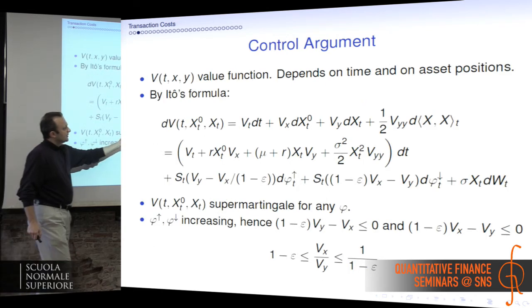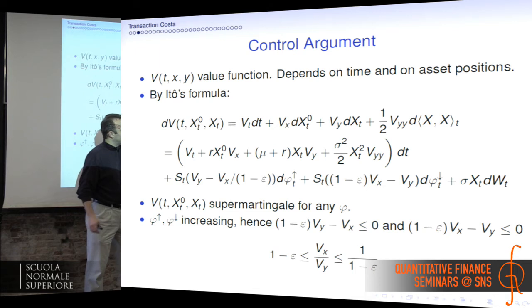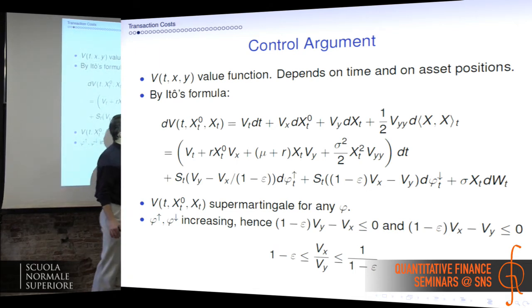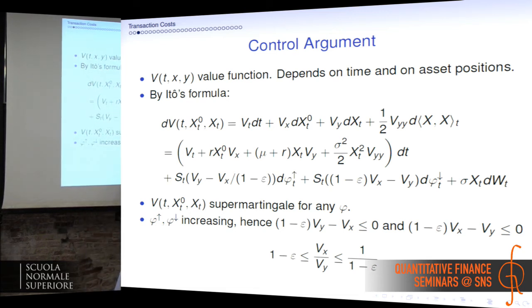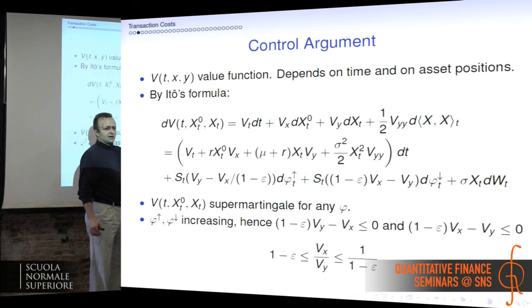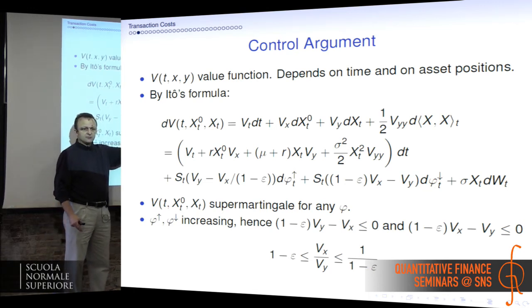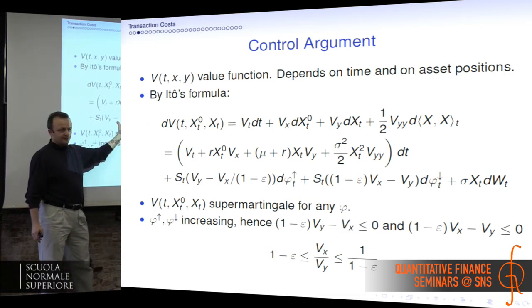In other words, here, this increasing function can be strictly increasing or can also be flat. This function can also be either strictly increasing or flat. When this is strictly increasing, it means that you're buying. When this is strictly increasing, it means that you're selling. And if this is strictly increasing, this should be strictly less than 0, because it means that by increasing, then, when this is strictly increasing, this should be 0, okay?